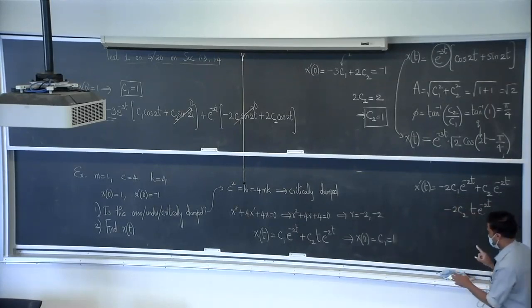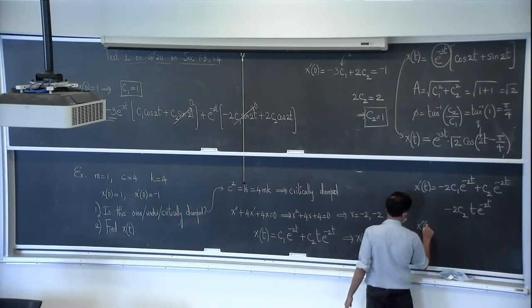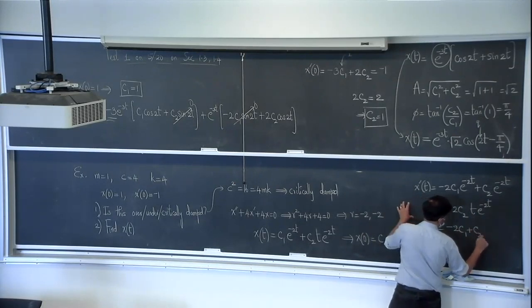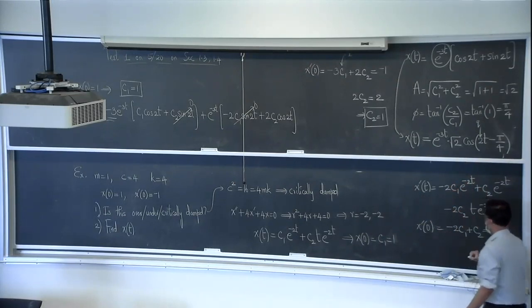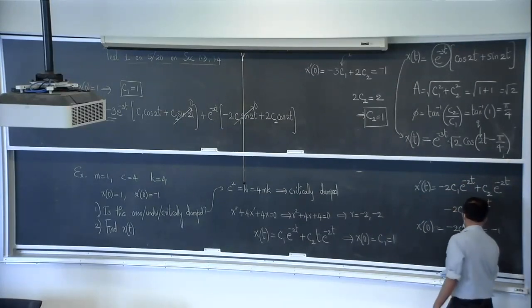Do I do that right? And x prime of 0 would be -2 C1 plus C2. Okay, this will be 0. That's equal to -1. But C1 was 1, so C2 is again 1.